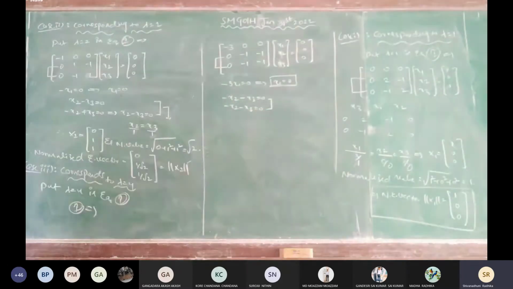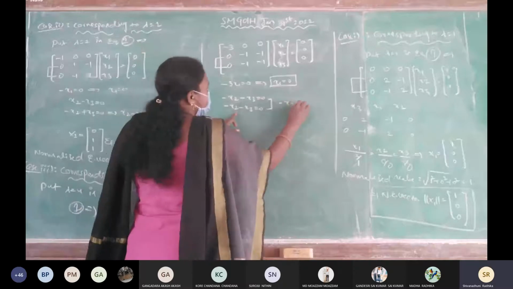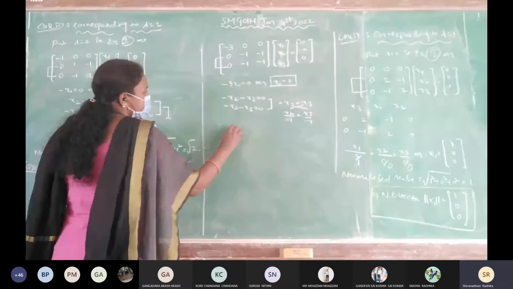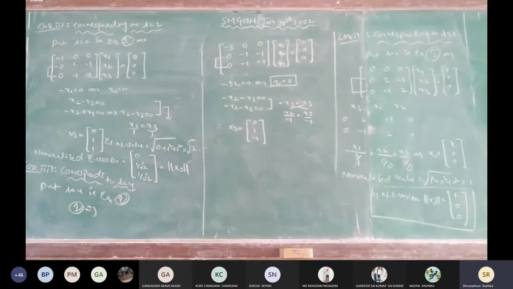By using this, what are we going to write? Minus x2 equals x3, right? x2 by minus 1, or x2 by 1 and x3 by minus 1, cross multiplication. Is it clear? Therefore, the eigenvector x3 is 0, 1, minus 1. Clear, all of you?